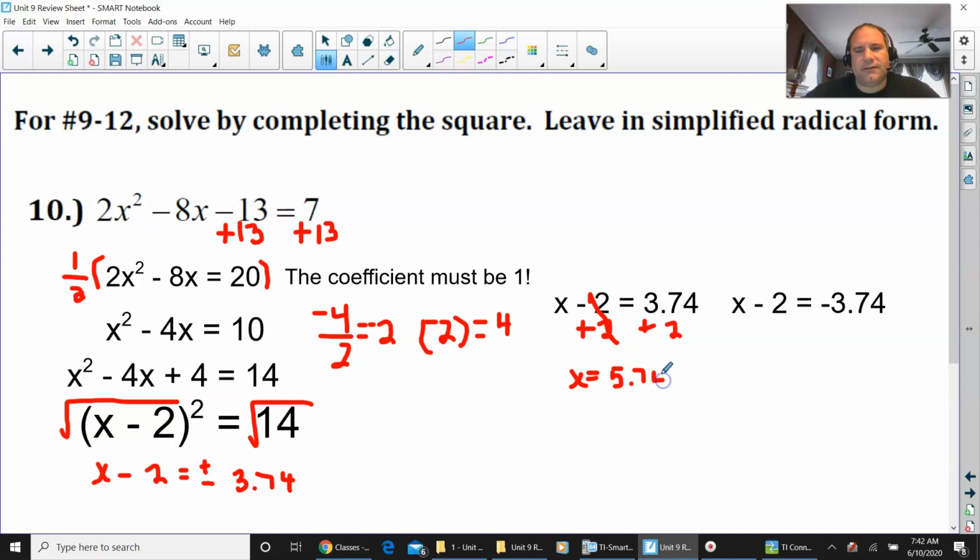And on this side I'm going to put an or. Adding 2 to negative 3.74 gives x equals negative 1.74.